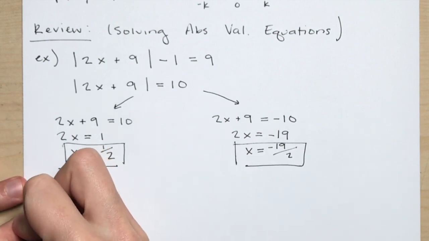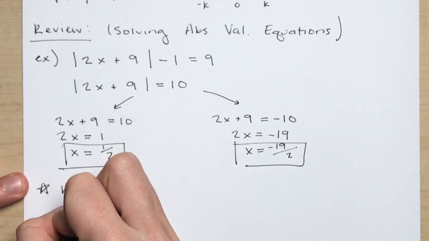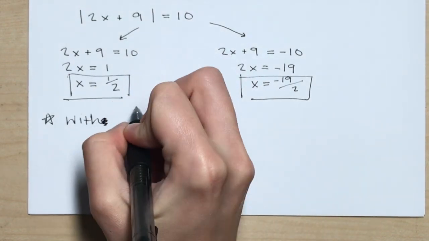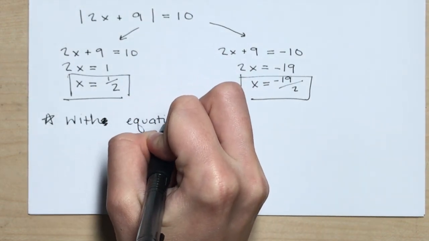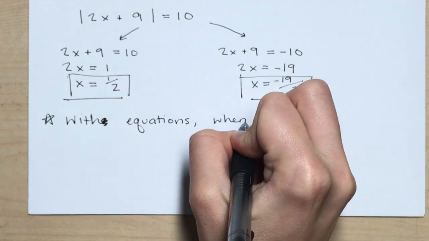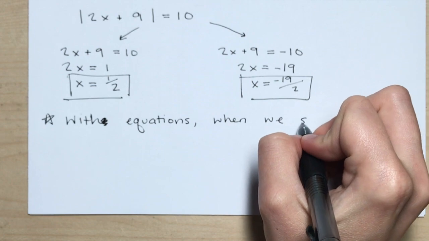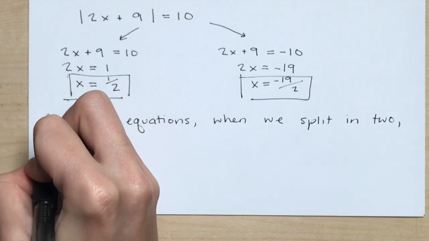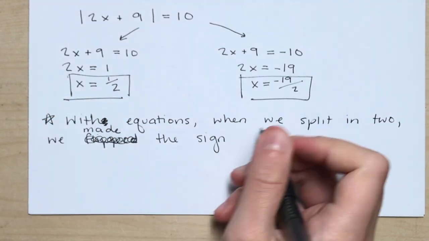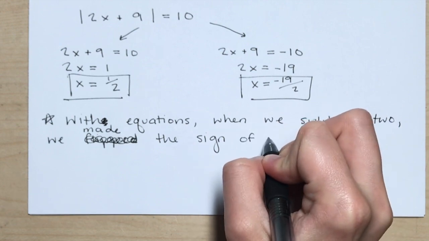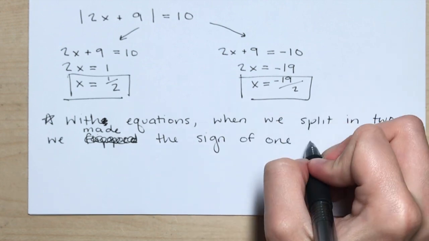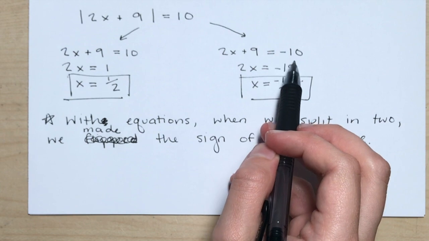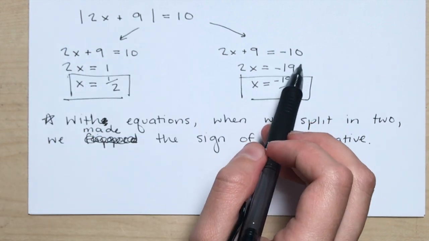The one difference is with equations, when we split in two, right here we made the sign of one of these negative. We left one the same and we made the sign of one negative.